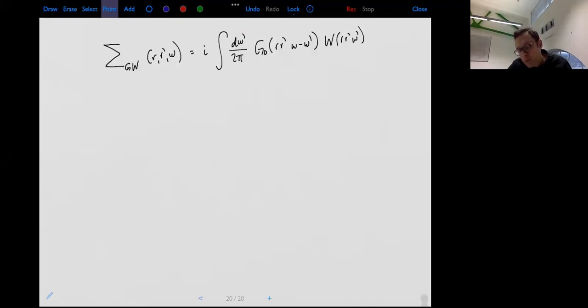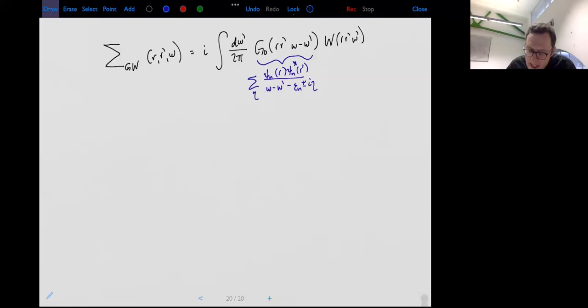But I also know that G0 has poles, right? So when I look at G0 as a function of frequency, well, I'm just going to write it down again. It looks like this: psi n(r) psi n star (r prime), and then I have something like omega minus omega prime minus epsilon n plus or minus i eta. So that is this expression.